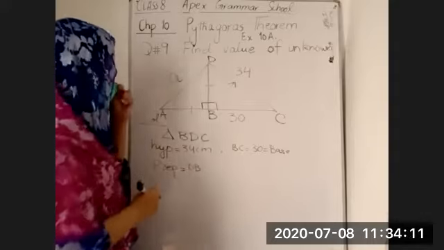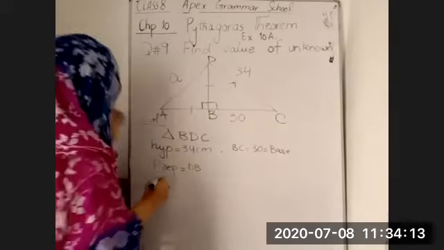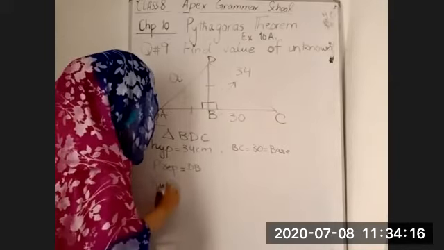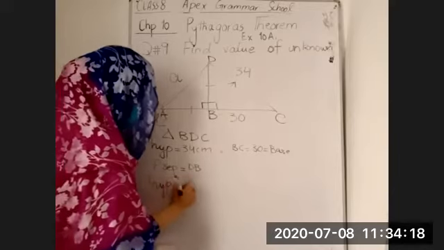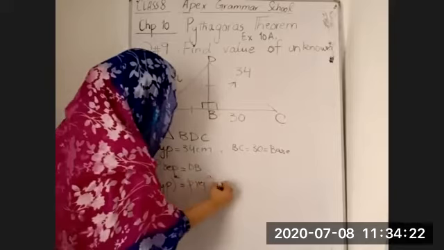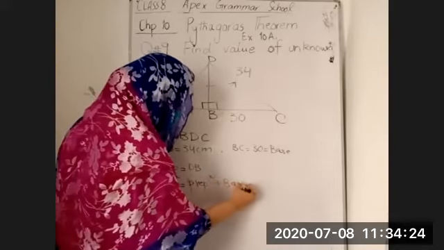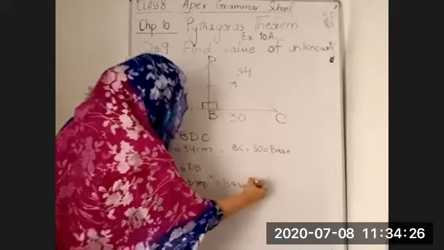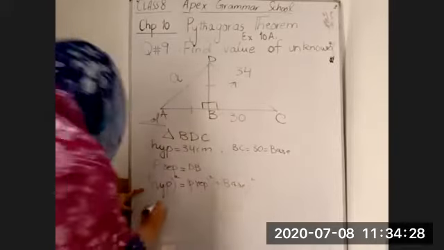In this triangle, I'm going to use the Pythagoras theorem, which states that hypotenuse square is equal to perpendicular square plus base square. Your hypotenuse is 34.